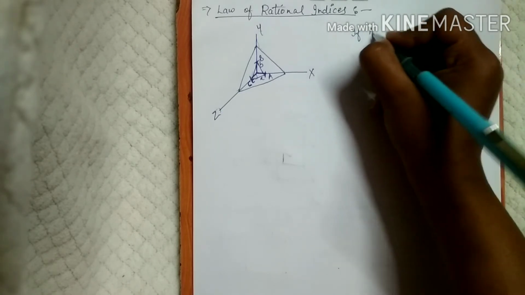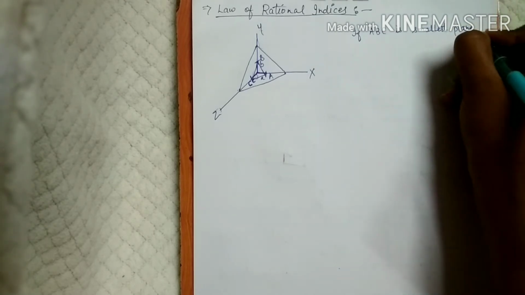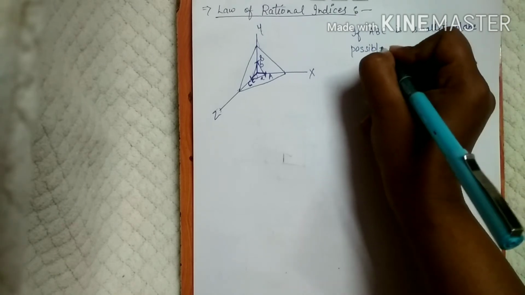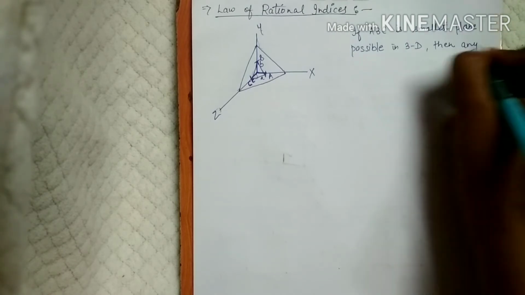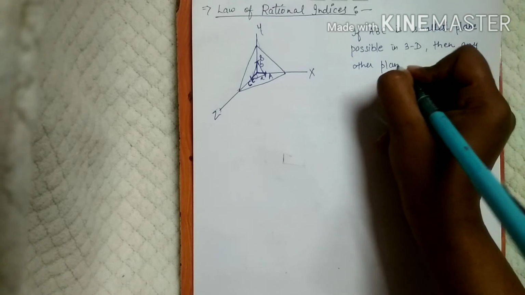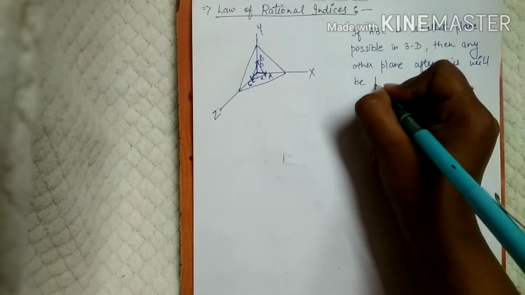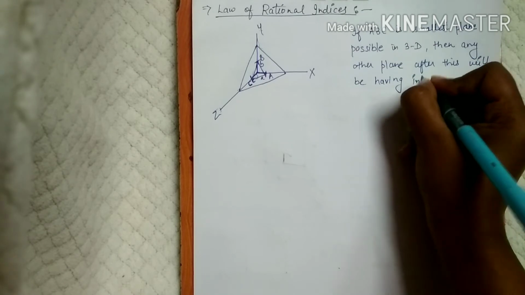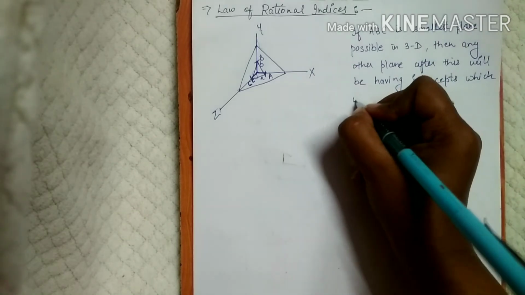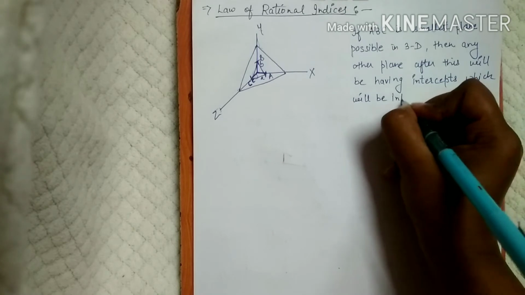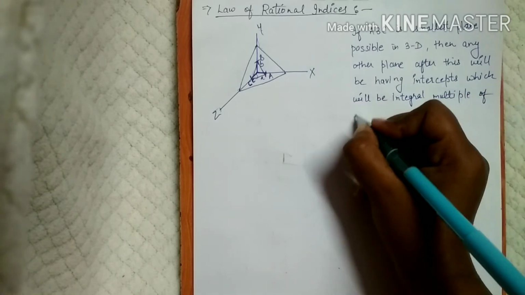Suppose if ABC is the smallest plane possible in 3 dimensions, then any other plane after this will have intercepts which will be integral multiples of the intercepts.